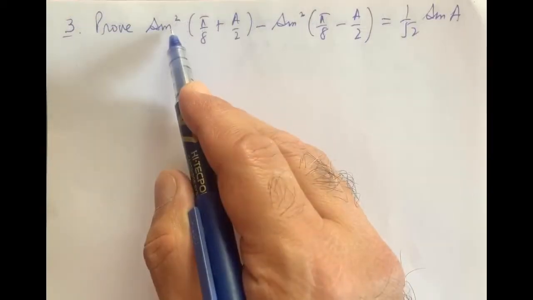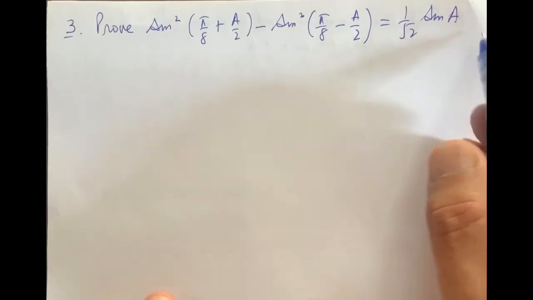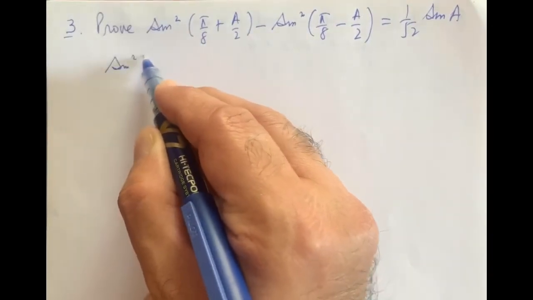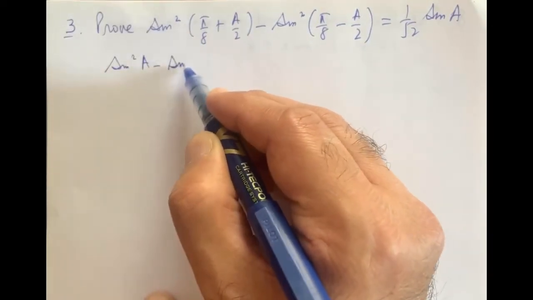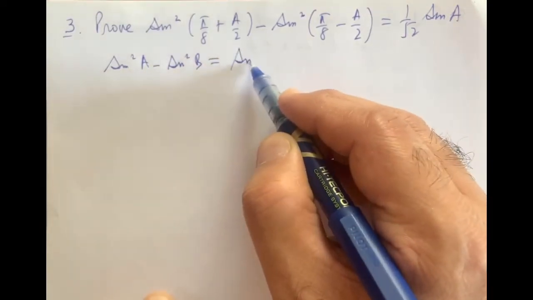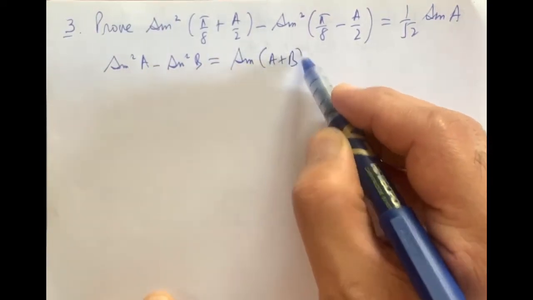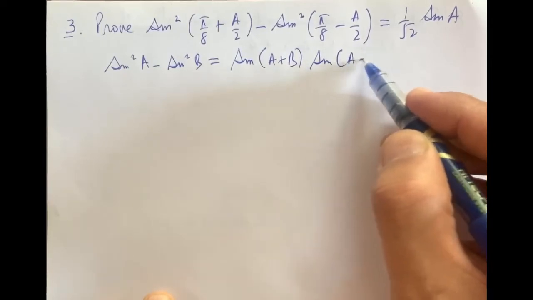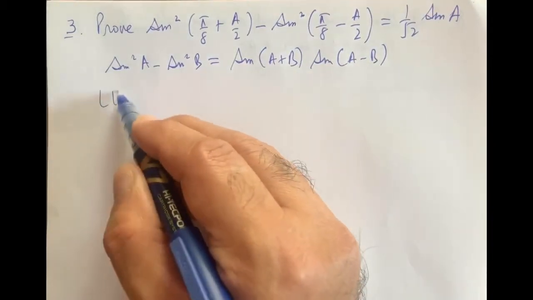This is of the form sin square A minus sin square B, which is equal to sin of A plus B into sin of A minus B. So what is the left hand side?